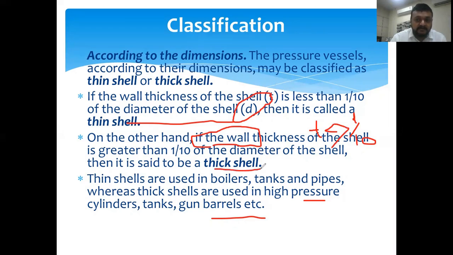Depending upon the application, for example boilers, some tanks, storage tanks and pipes are considered thin pressure vessels, whereas high pressure cylinders, tanks and gun barrels are normally considered thick pressure vessels. From the application point of view, you keep the thickness according to the requirement of the industry or component, and classify the pressure vessel accordingly.